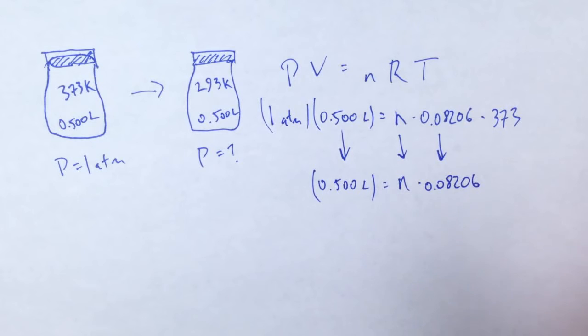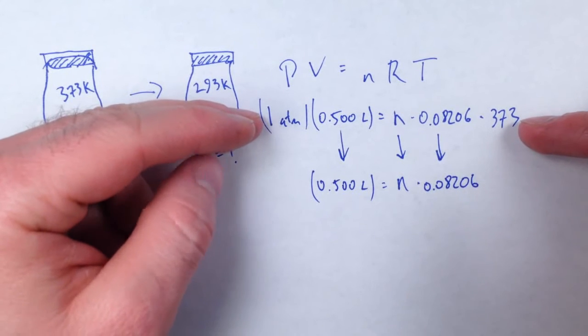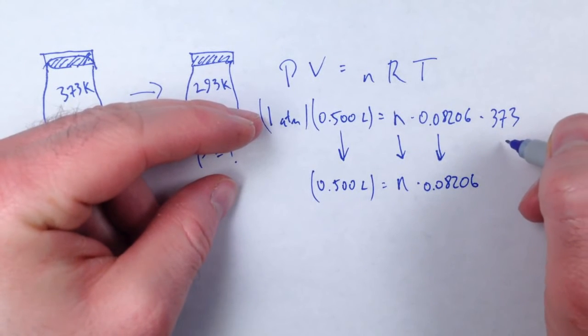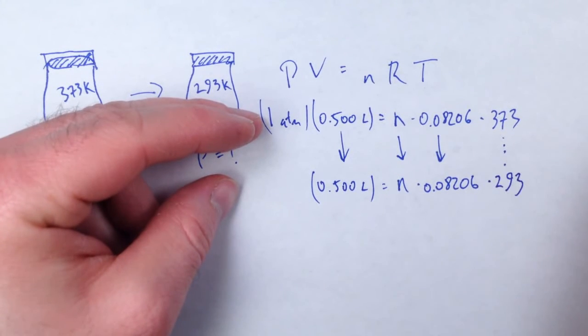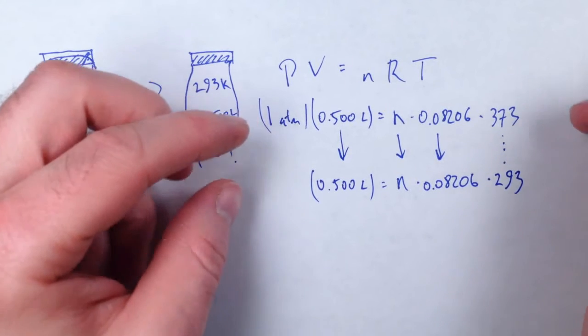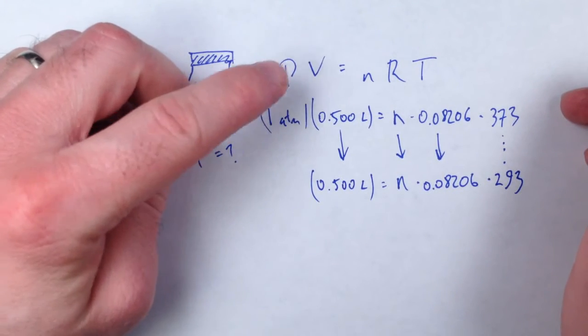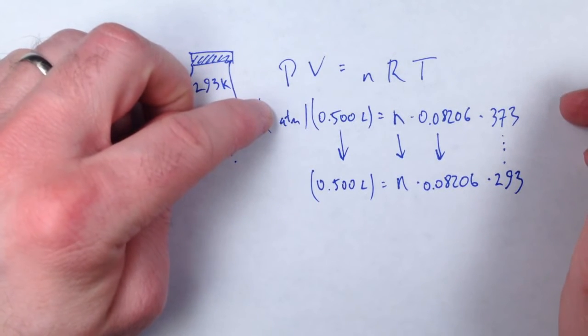There's only two things that have changed, and they are directly proportional because they're on opposite sides of this equation. This temperature has changed to 293, which means that this pressure must also have changed proportionally.